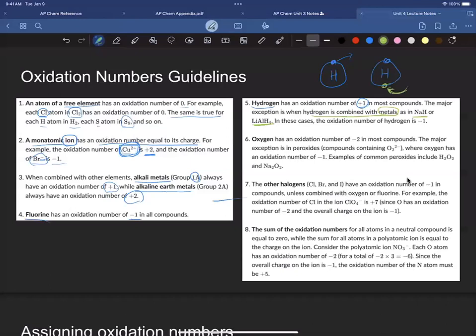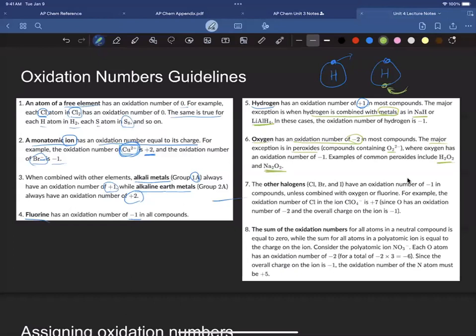Okay, how about oxygen? Like we saw before, oxygen has an oxidation number of -2. Now, there's also an exception for this. It's in peroxides, which are compounds containing O2 2-, for example, H2O2 or Na2O2.